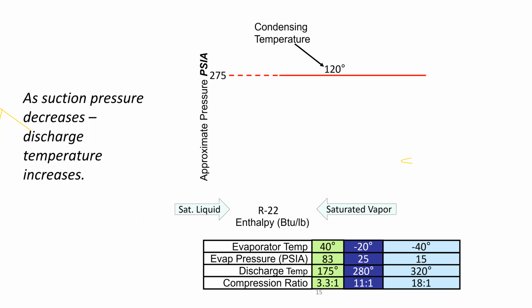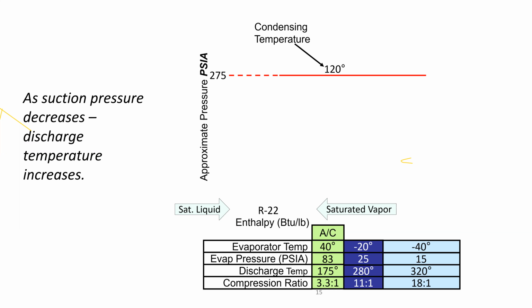So here we're running a 275 psi absolute discharge pressure, liquid pressure, which condensing temperature is around 120. And we can't really change that because the outside ambient is what it is, so that's as low as we can go, because of the nature of the physics behind condensing. So for an AC application here, we got 40 degree evap temp.